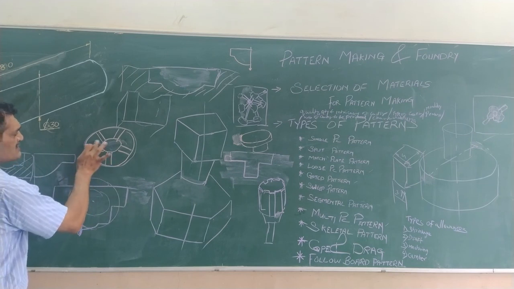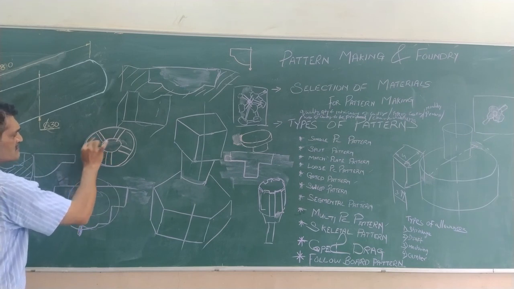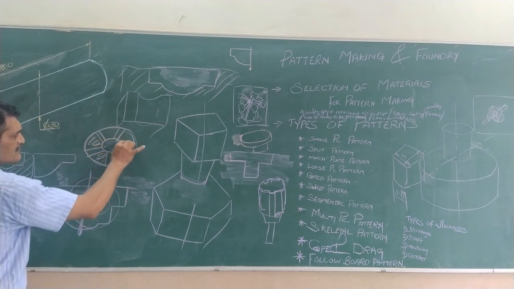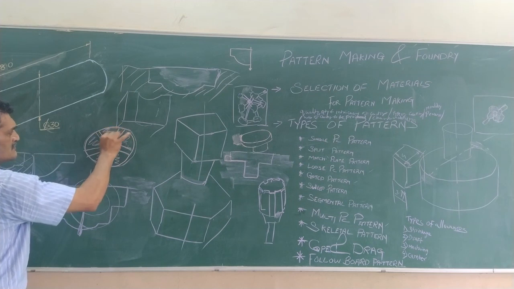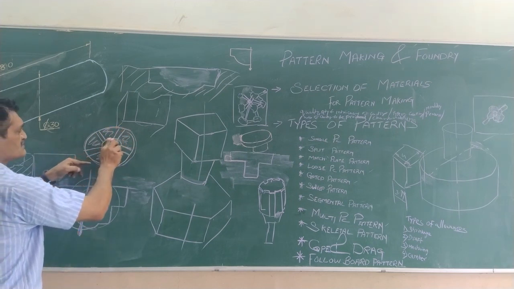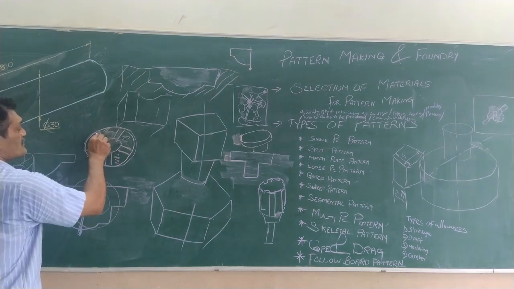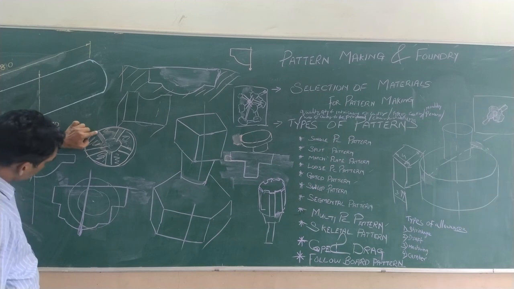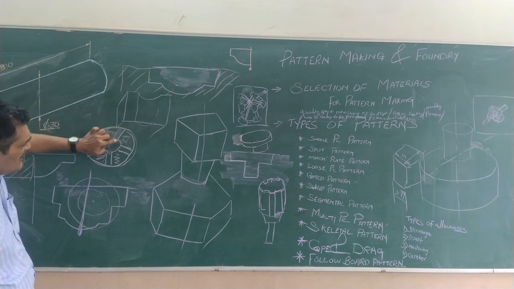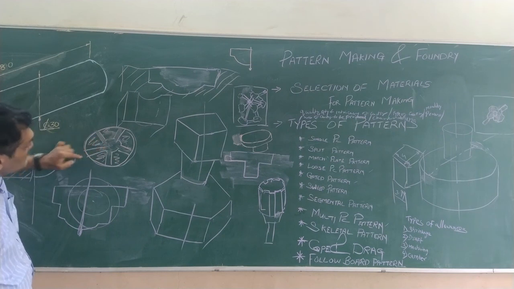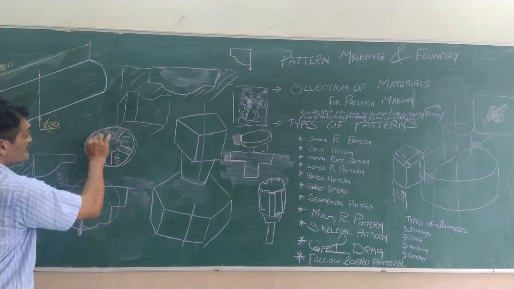So you want this part to be empty. So what we do is, from the center, we swept only this small part. So we have a hollow here, we have a hollow here, we have a hollow here, we have a hollow here. This part is filled with sand.